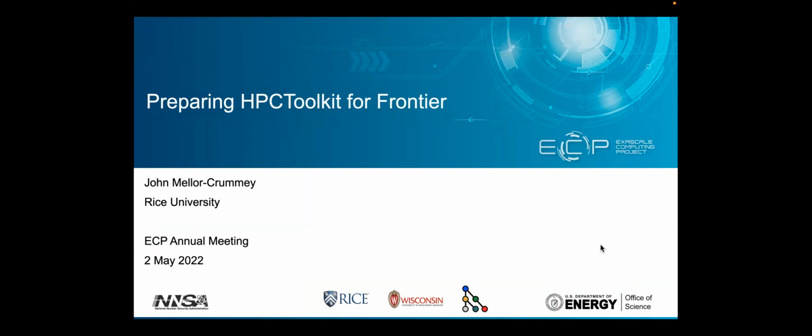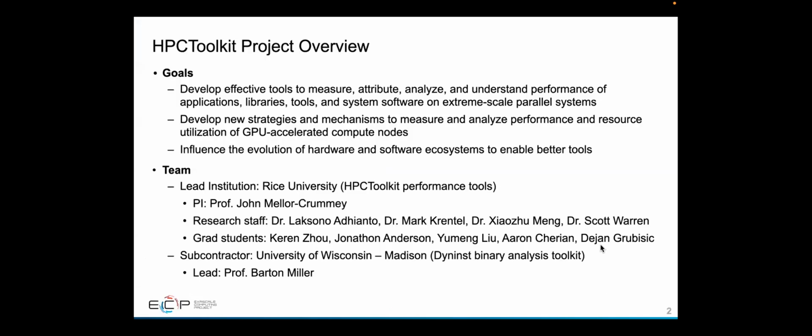So I'm John Mellor-Crummey, professor at Rice University in the computer science department, and I'll tell you about the work that we've been doing to prepare HPCToolkit for Frontier. HPCToolkit is a performance tool designed to measure, attribute, analyze, and understand performance of applications, libraries, tools, and the whole system software stack.